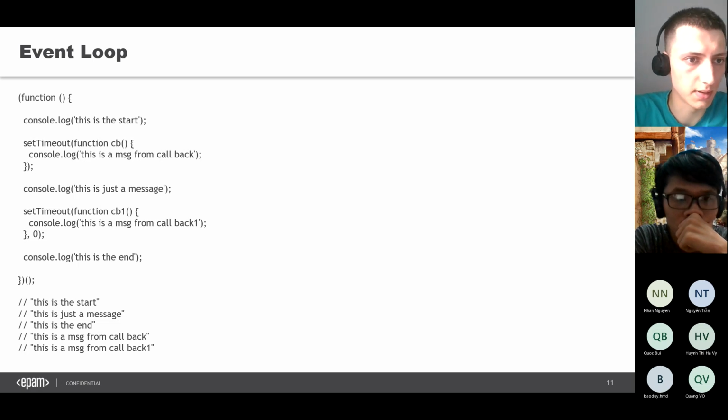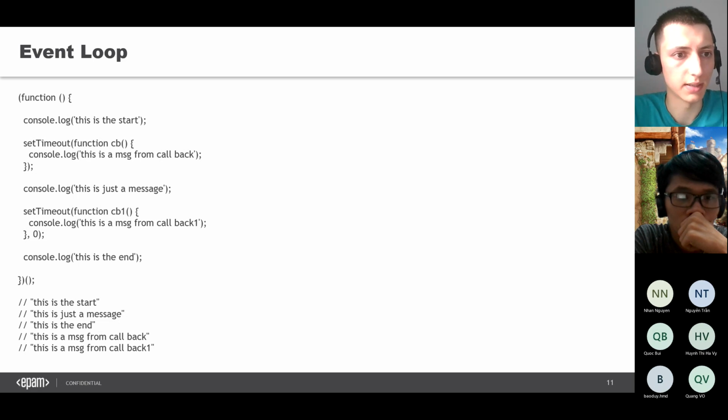Since we provided 0 or nothing, it means they will be ready right after the call stack is clear, and that's why they will be executed right after the last console log. We'll see the console log from the first setTimeout, and then from the second setTimeout.